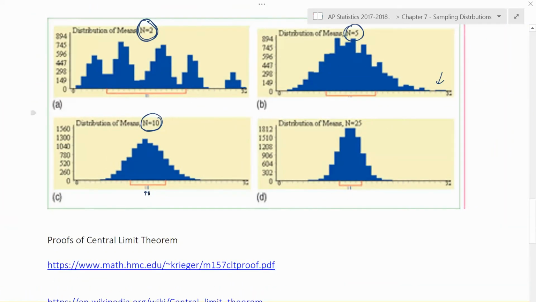But here n is 25, so that's really close to 30, our guideline. And these are all distributions of the sample mean in repeated sampling. And this distribution really looks to be close to normal.